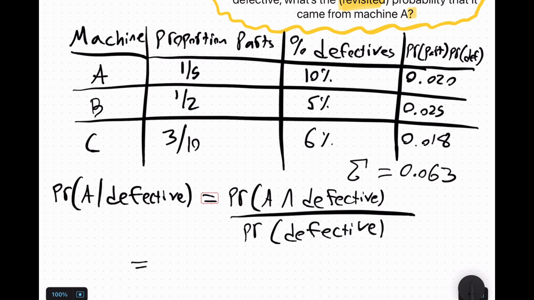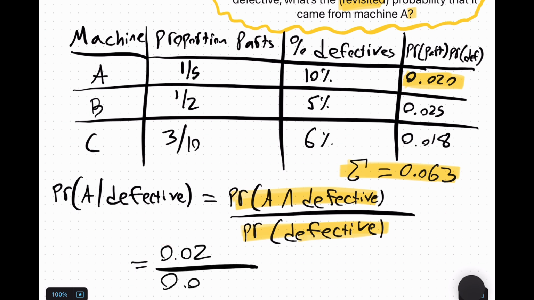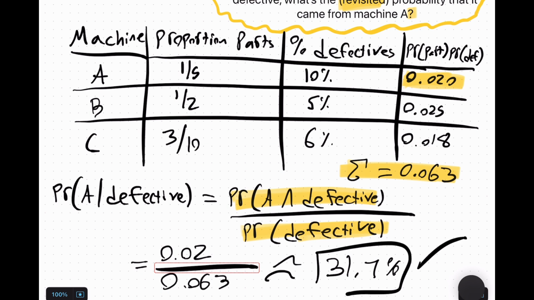So we know this is 0.02, and the probability of being defective is 0.063, so we have 0.02 over 0.063. Throw that into a calculator, we get a 31.7% probability. So that answers our second example.